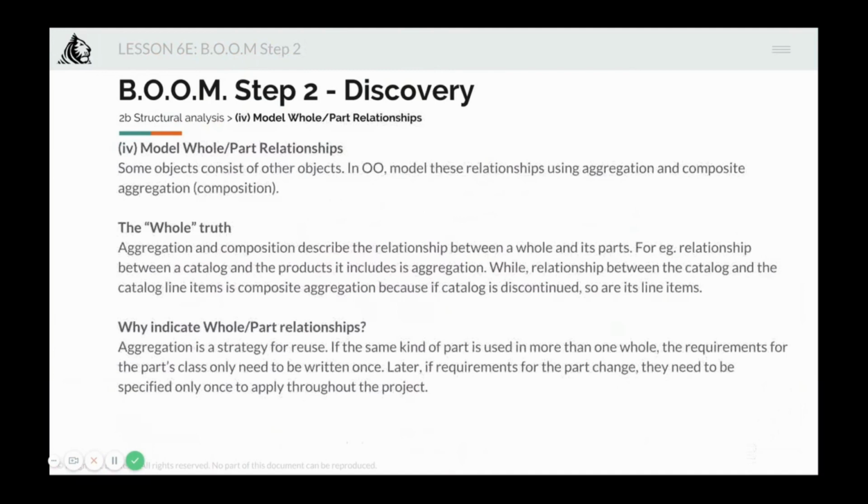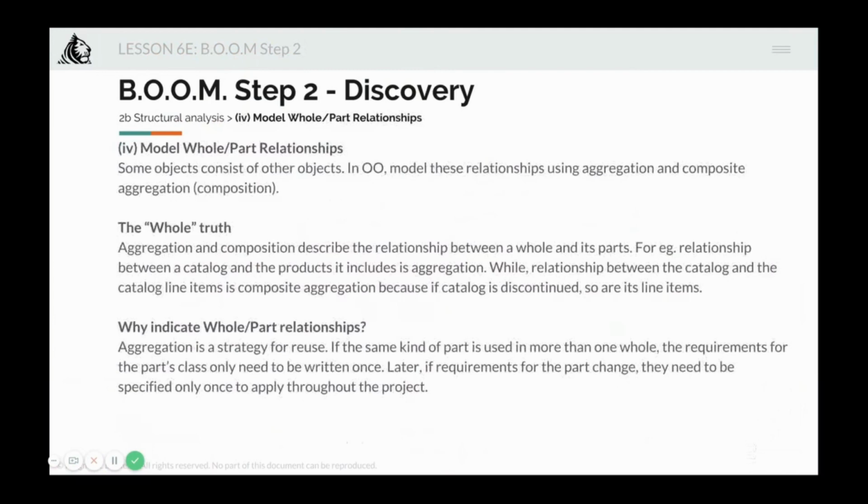Keep in mind, however, that even in composite aggregation, a part can be preserved if it is detached and saved before the whole is destroyed. Words that suggest composite aggregation include composed of and component. And if you're not sure, just specify aggregation.